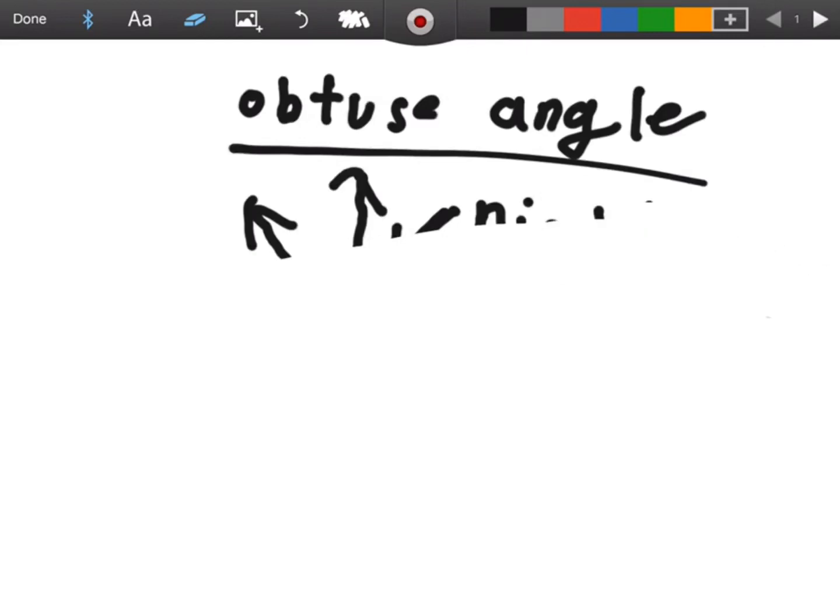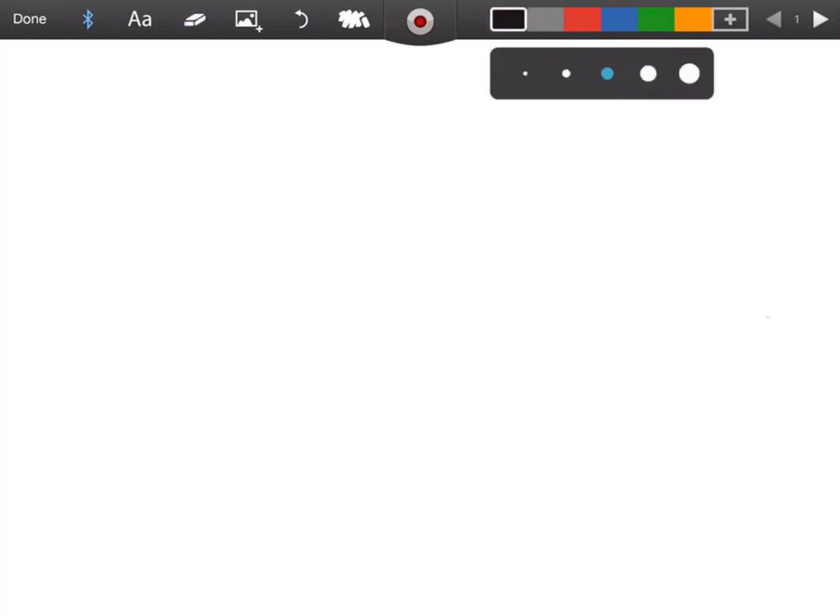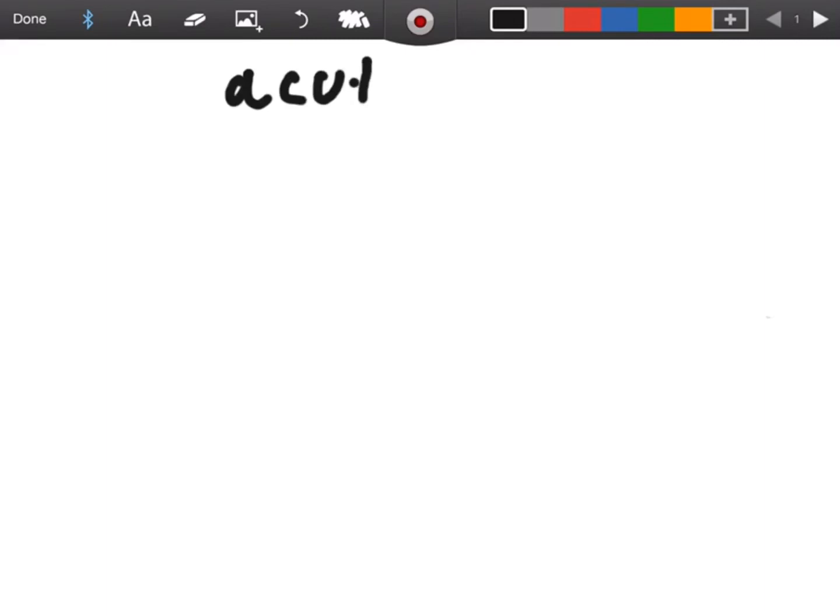It can be anywhere through that. That's an obtuse angle. We have one more type of angle to learn, and that type of angle is called an acute angle. Let me just write it out.